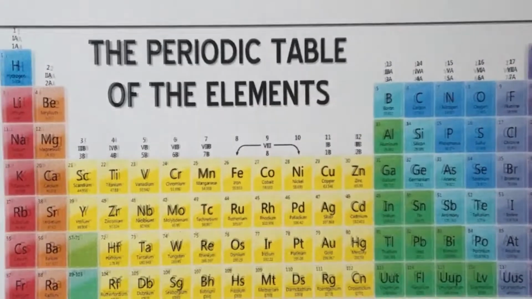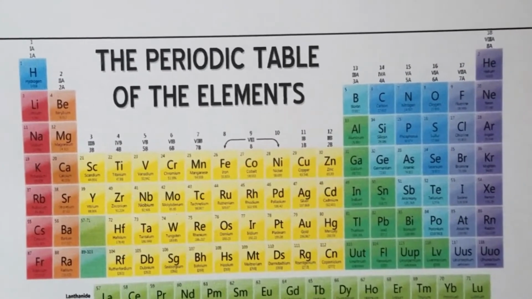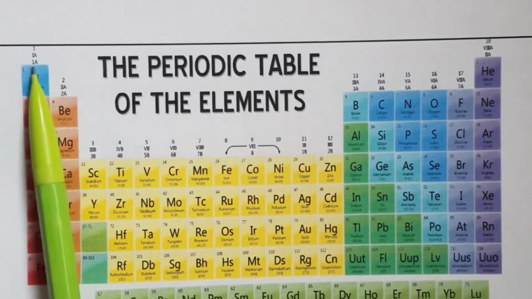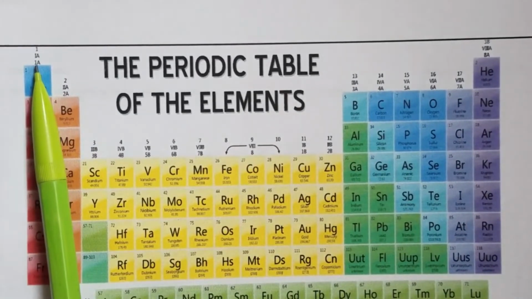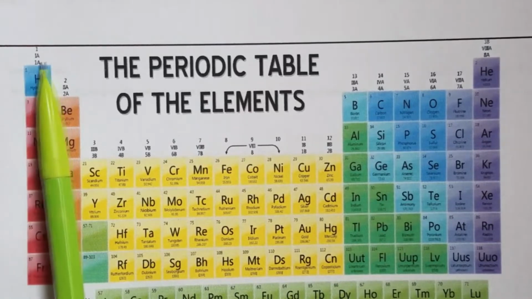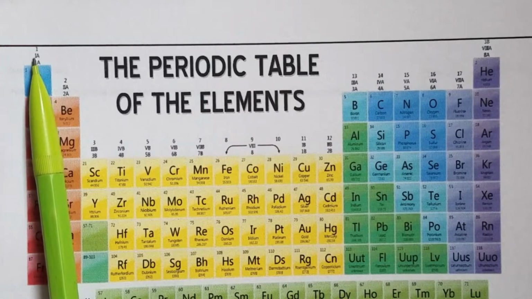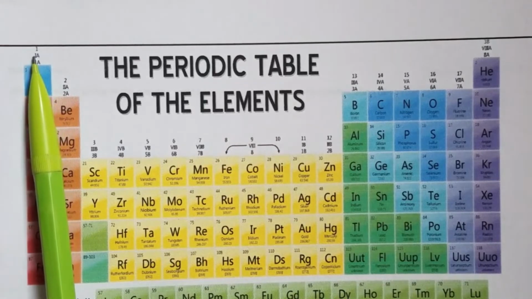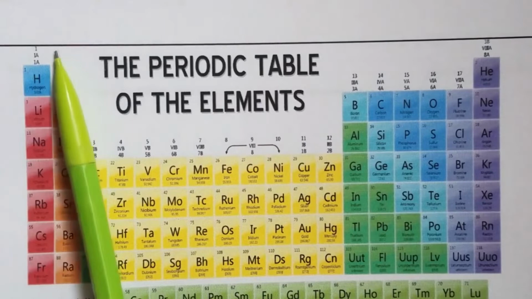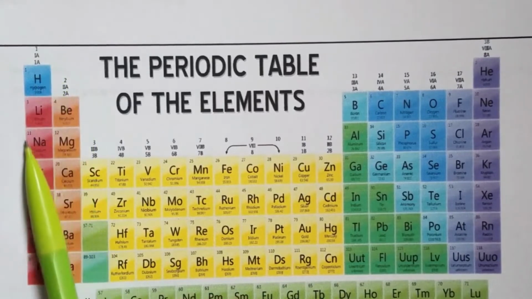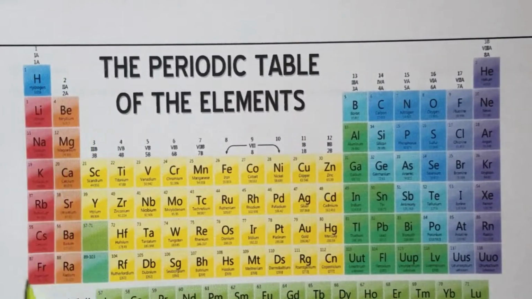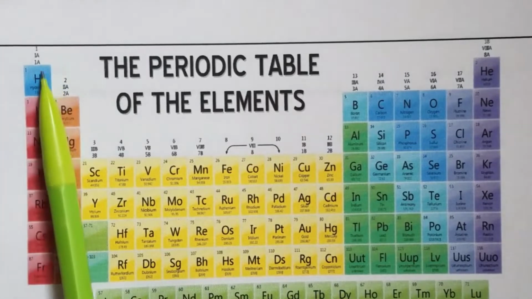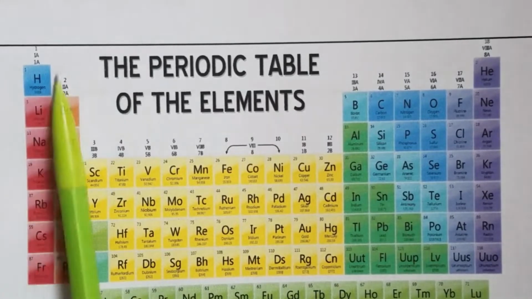You see, that's 1A, that's a regular number, and then the Roman numeral 1A, and then just 1. So all of these are the names of the first group.